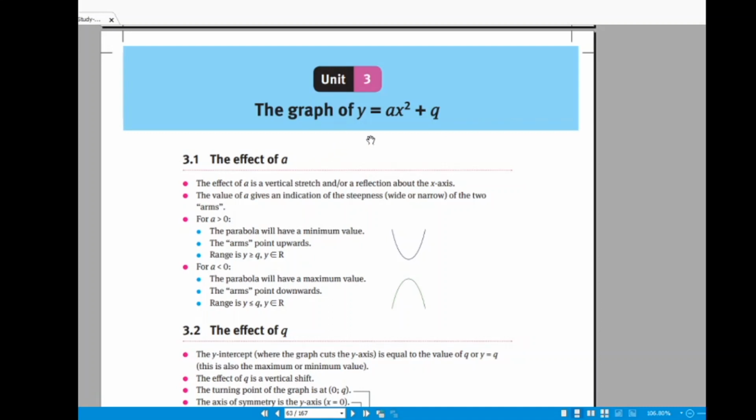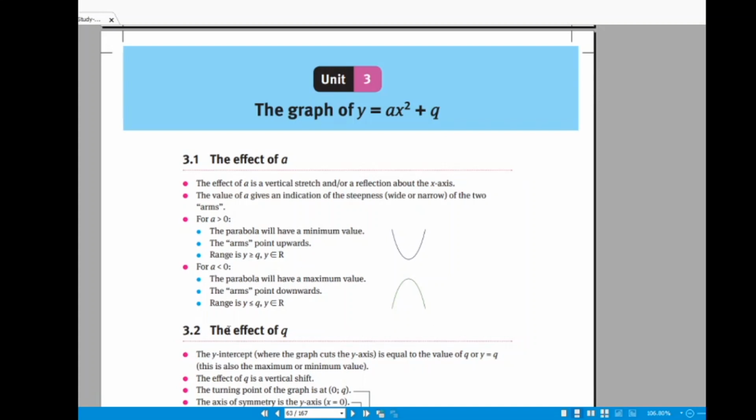The graph y equals ax squared plus q is a form of a parabola, where a determines the shape and q determines the y-intercept. If the value of a is greater than 0, or positive, you'll have this upward shape, and if the value of a is negative, you'll have this downward shape.